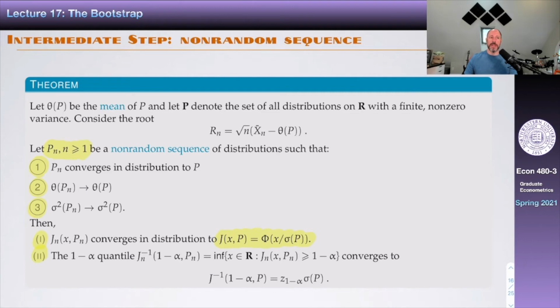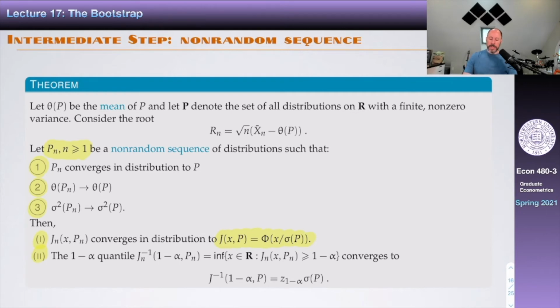There's going to be a sense in which the Bootstrap performs better in finite samples, and we're going to discuss that after we present the formal result. But the theorems are asymptotic, and the Bootstrap is an asymptotic tool whose validity depends on taking n to infinity. That's what we're going to do in our proof. So when people say the Bootstrap is valid, it means that it approximates the asymptotic distribution of the root.